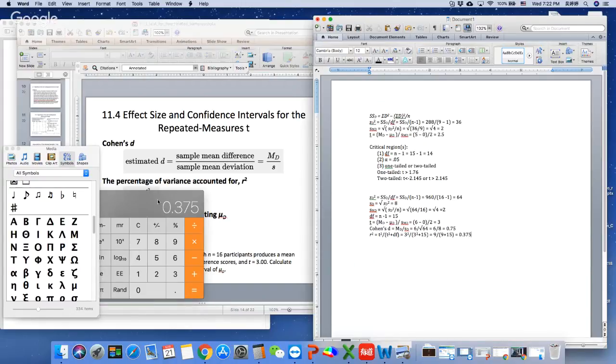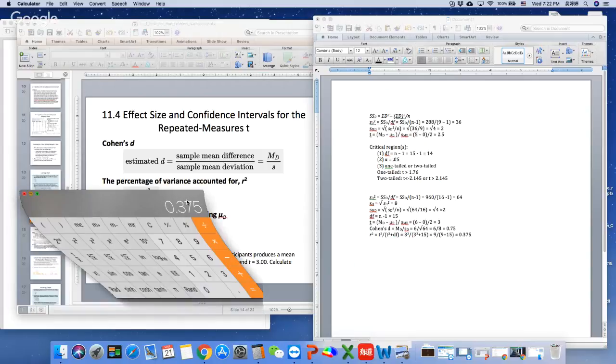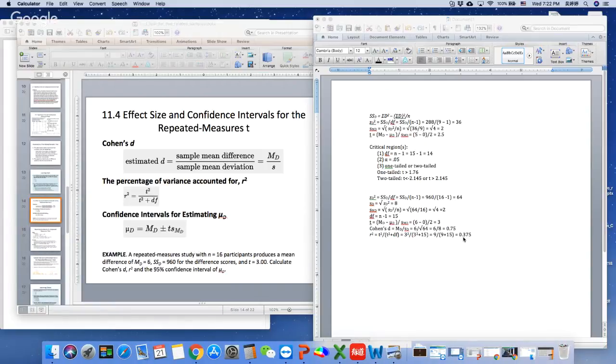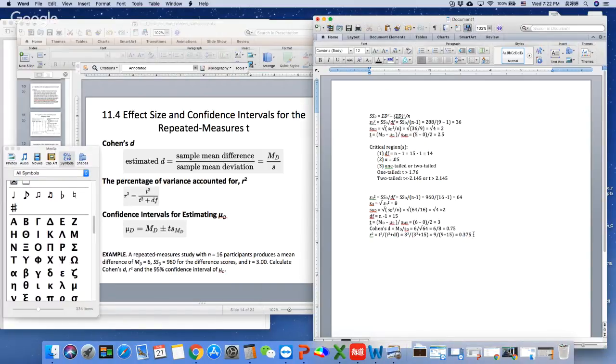This means 37.5% of the variance in the D scores can be explained by the treatment effect.